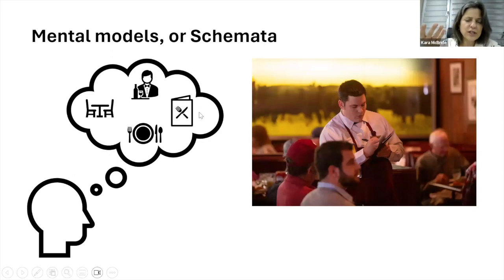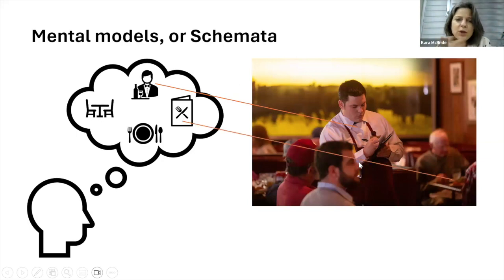So I walk into the restaurant, and I see this guy, and I think he's a waiter because he's acting the way I expect, the one with the little pad of paper, maybe dressed a certain way, and it lets me identify quickly where the waiter is. There's somebody reading something and I can think, oh, that's probably a menu. So these mental models help us encounter something new and quickly understand what's going on.